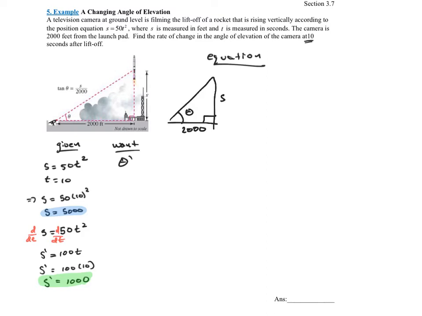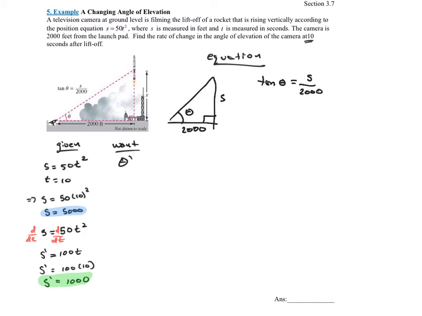Well, I know that s is the opposite side of theta, and 2,000 is the adjacent side of theta. So I'm thinking about my trig functions with opposite and adjacent, and I think about tangent. So the equation that I know is tangent of theta is equal to the opposite, which is s, over the adjacent, which is 2,000. So there's an equation that relates theta to s.